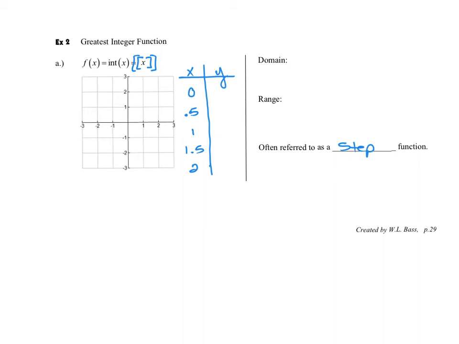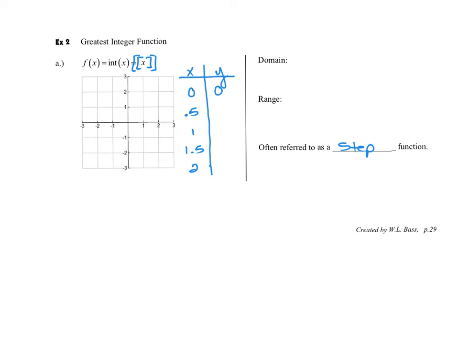So the way that greatest integer function works is it takes everything and converts it to an integer, but it's going to drop it down. If I put 0 into my greatest integer function, I'm going to get a 0. But if I put 0.5 into my greatest integer function, it wants to know the greatest integer, so it doesn't round that up the way we would expect it to.